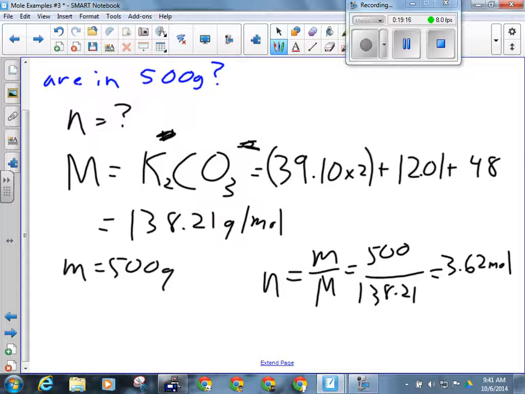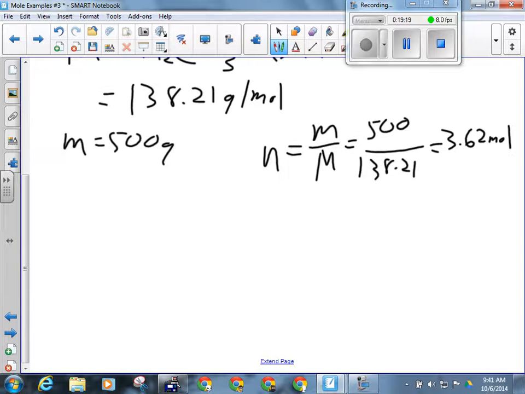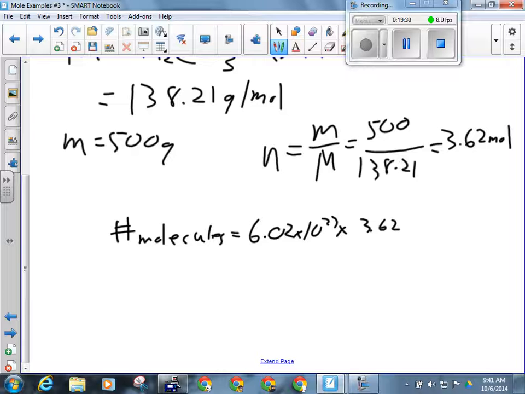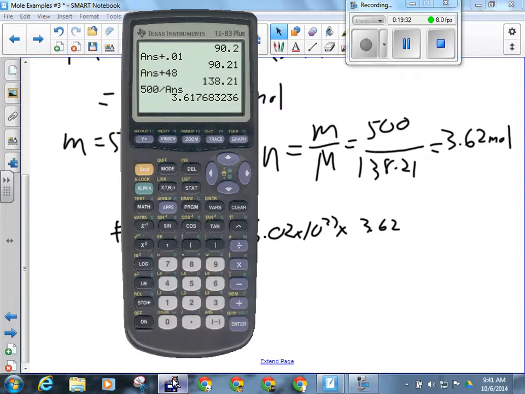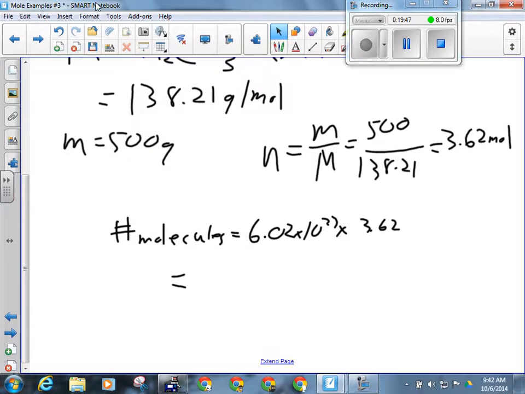I have 3.62 moles, so the number of molecules equals 6.02 times 10 to the 23 times 3.62. We're looking at 2.18 times 10 to the 24 molecules.